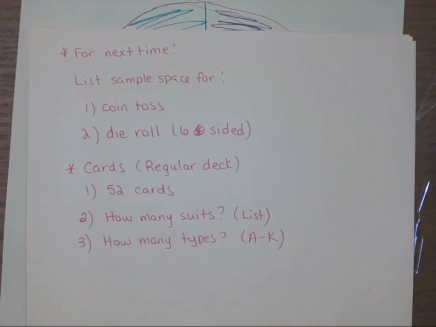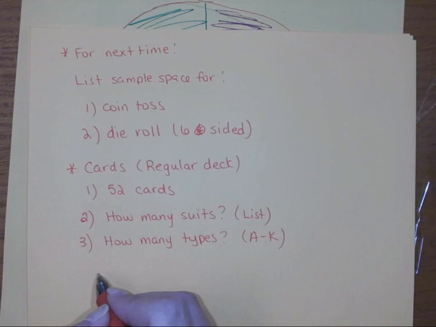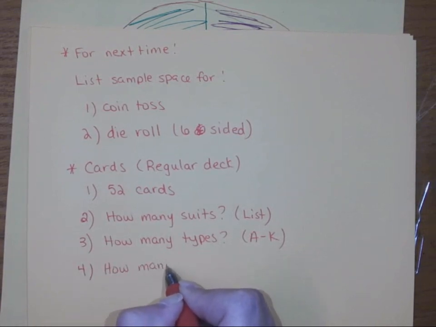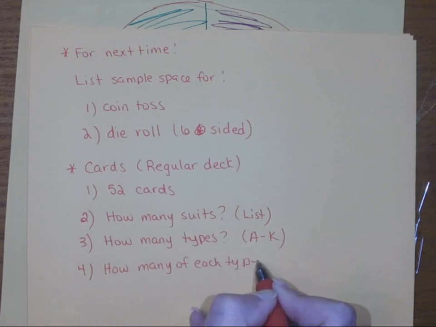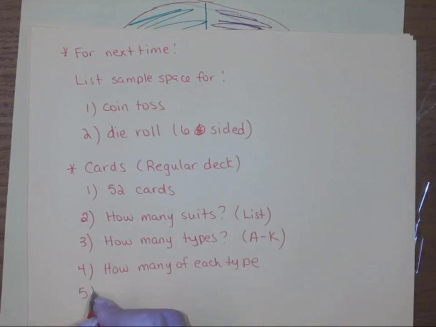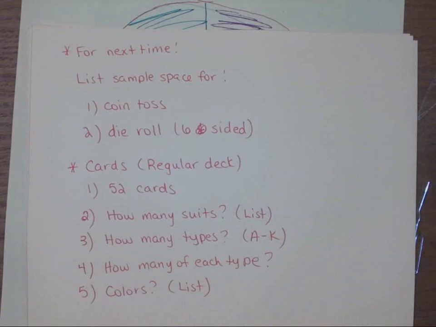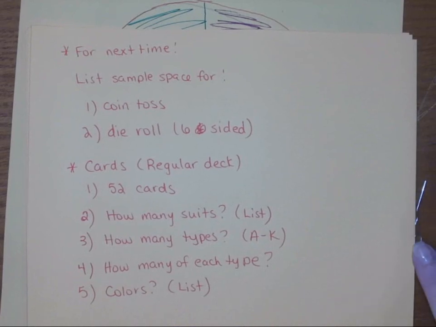Ace through King. I want you to tell me how many of each type. And also the colors. That's probably an easy one, right? And list those. Okay, so I want you to have a pretty firm understanding of that before you start watching lecture video 2 for the week.